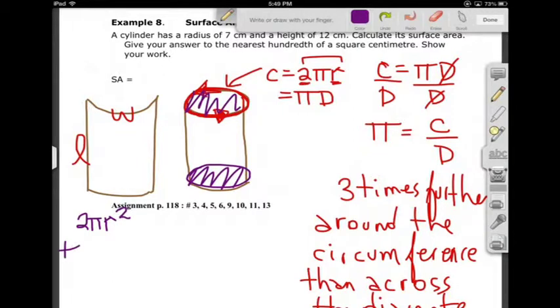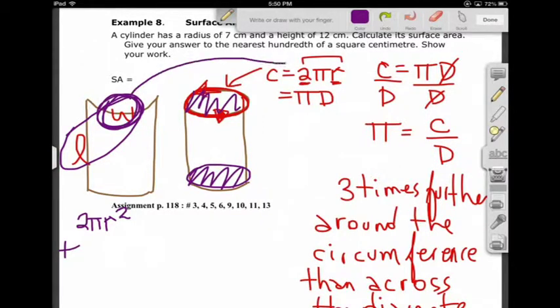Plus, you have to consider the area of the original rectangle. Well, the rectangle, the width, we saw that the width here, once this is curled around, becomes circumference. It becomes 2 pi r. So I'm going to write that.